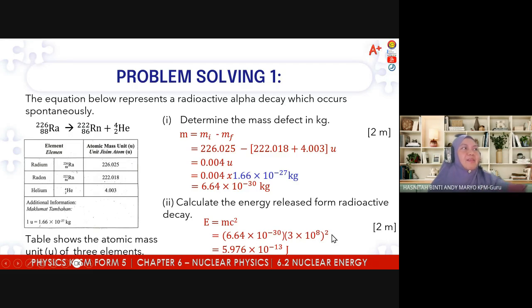This is one of the questions where students make a lot of mistakes, by not putting the square for c. Careless mistake. So please try to avoid careless mistakes.